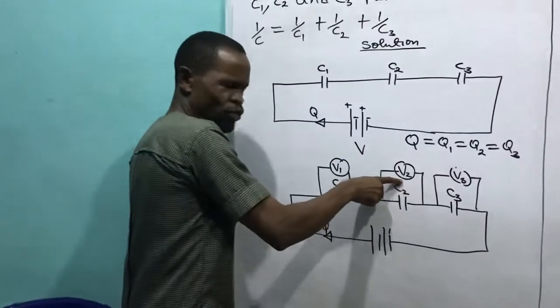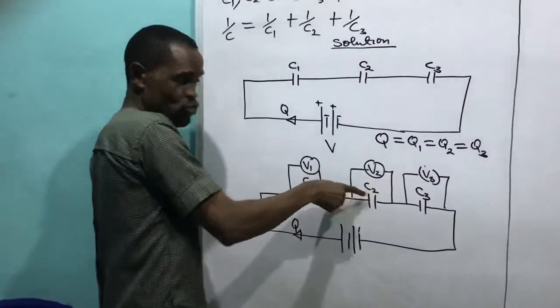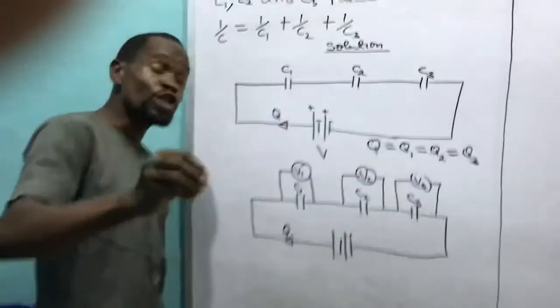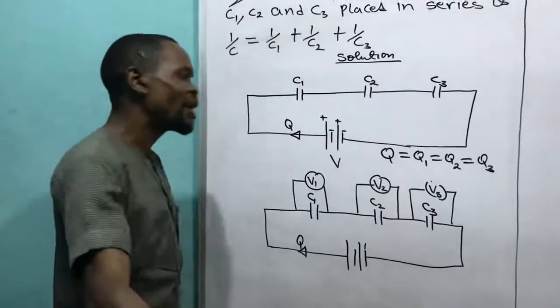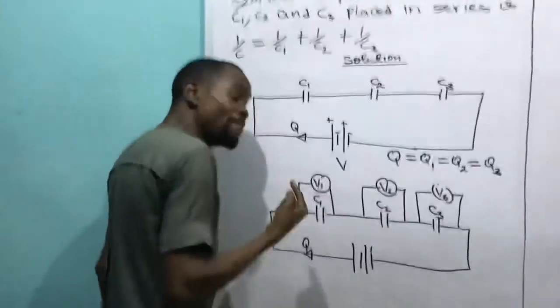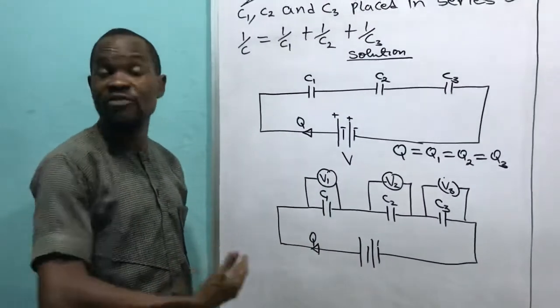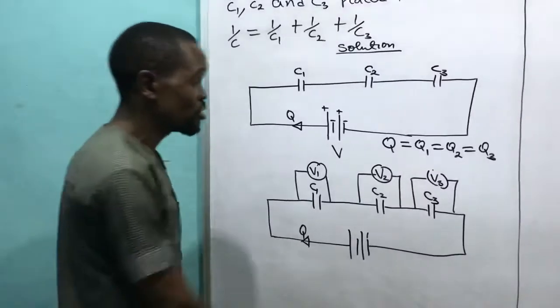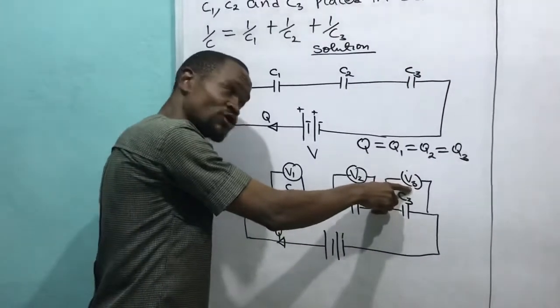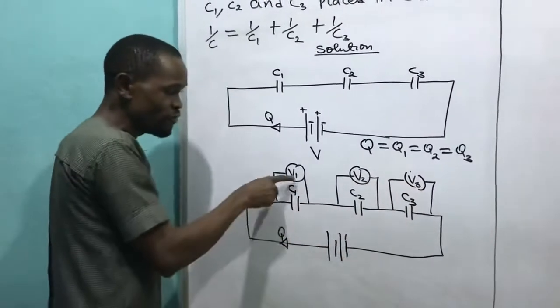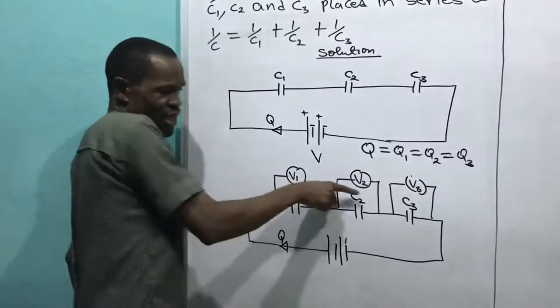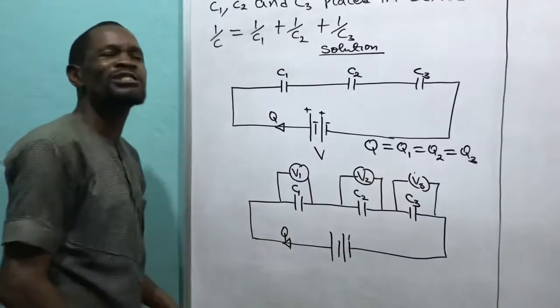The voltage drop across C2, V2, is the quantity of rice consumed, which may not be the same because they don't have equal stomach sizes. Therefore, the voltage drops across them are not the same.